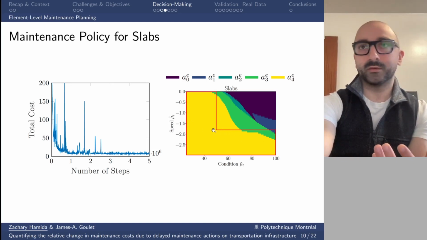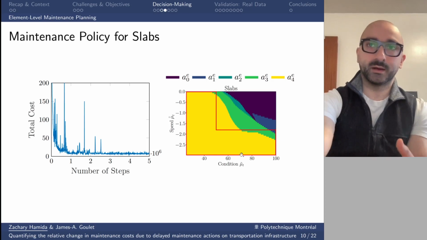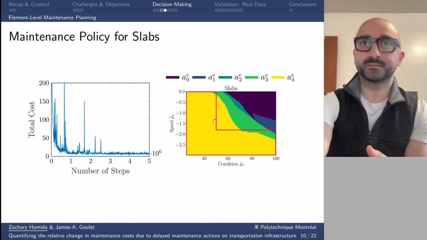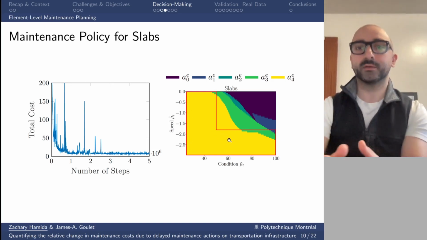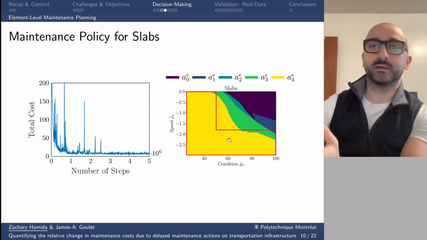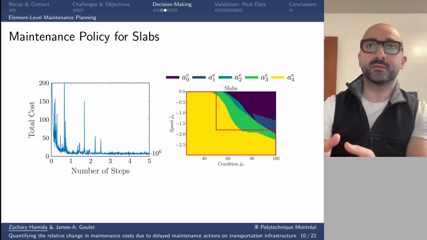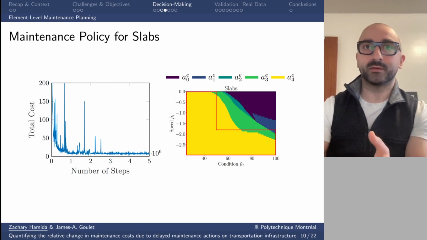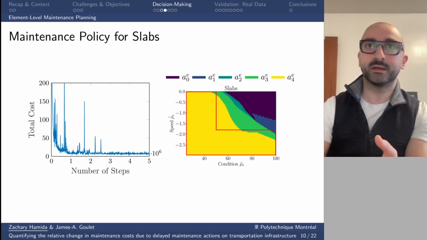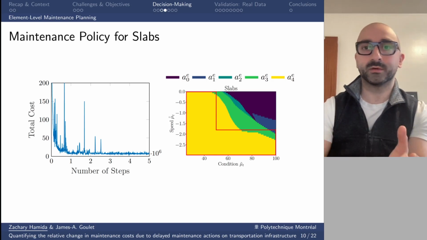Now, what you see here in the red frame is the penalty zone, where by definition a decision maker would replace because the state of the element is just too poor and it's unsafe to keep the element.